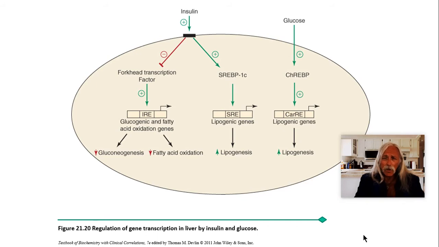Now, glucose uptake is also going to occur here. And when glucose is taken up, there's also a binding protein, a carbohydrate response element binding protein, so the CH stands for that. And that's going to bind to its carbohydrate response element right here, which is a promoter region in lipogenic genes. And that's also going to enhance lipogenesis.